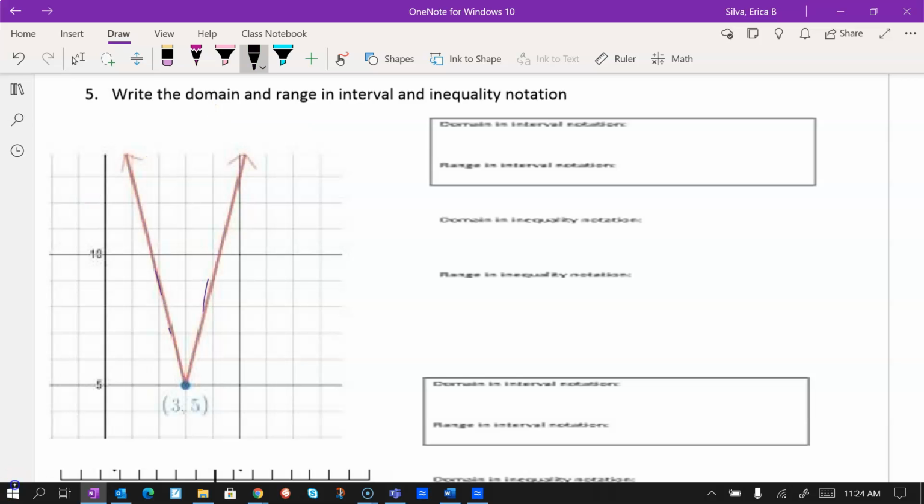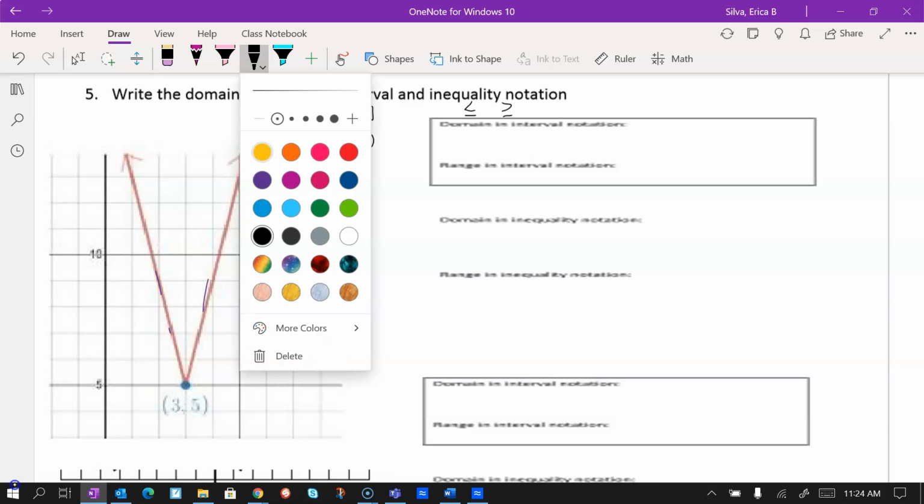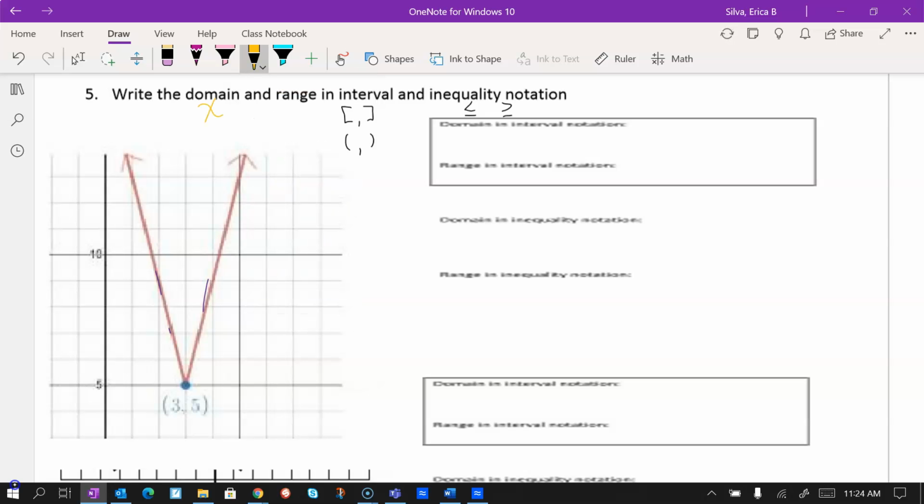So for number 5, we need to write the domain and range in interval and inequality notation. Interval notation is when you use the brackets or the parentheses. Inequality notation is when we use our inequality signs. So domain, if you can remember, is your x values, your range are your y values. So if we're looking at this function, to look at our x values, we want to go how far does it go to the left and how far does my function go to the right.